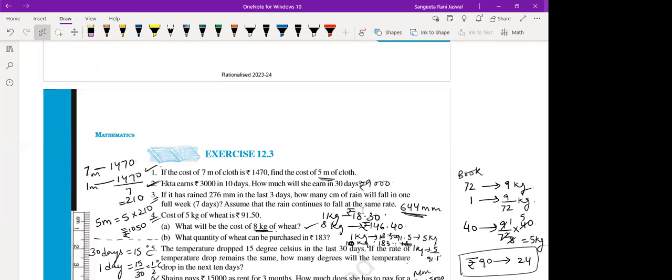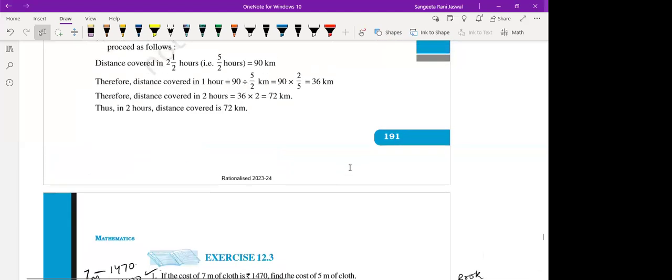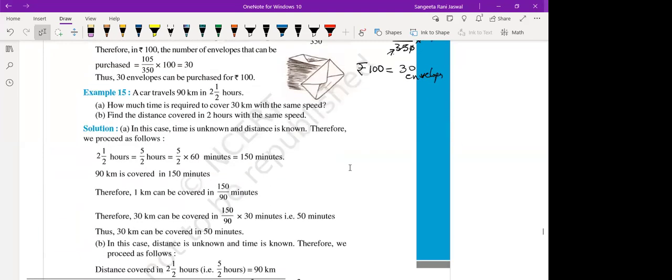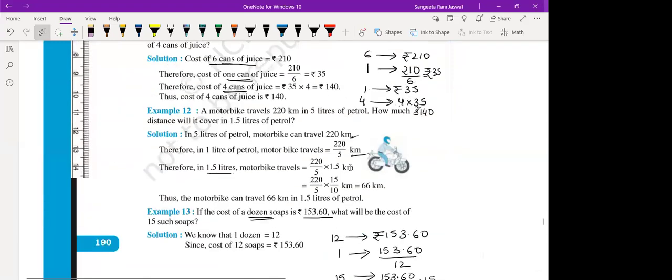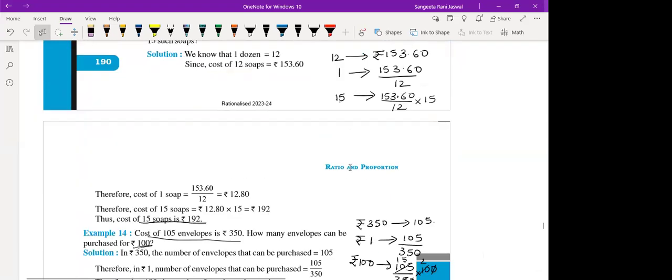And if we are given two ratios and have to find the missing term, we always apply product of means is equal to product of extremes. This also we studied. And then about ratios, we studied how to find ratios and bring a ratio to the lowest form.